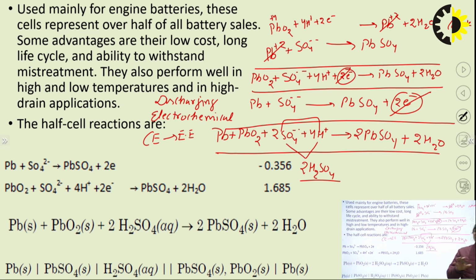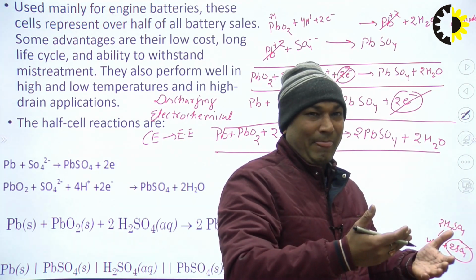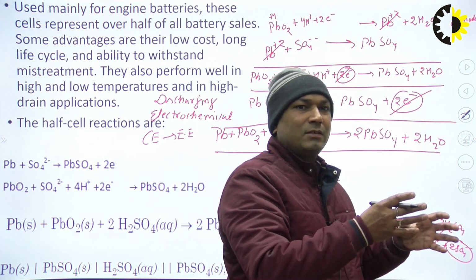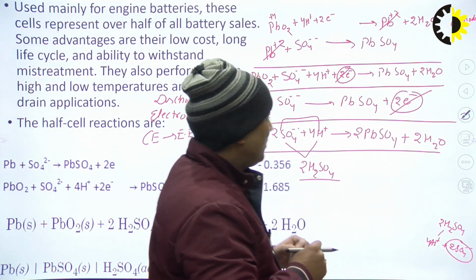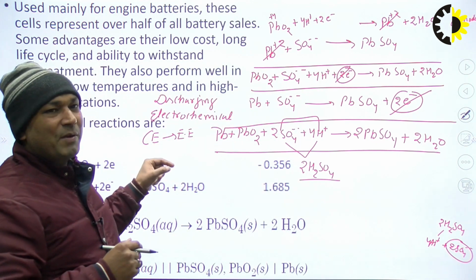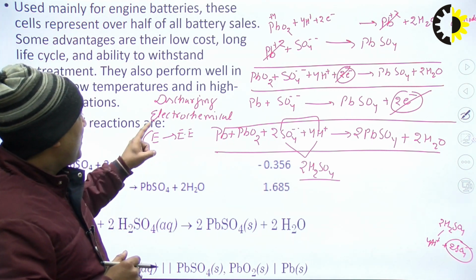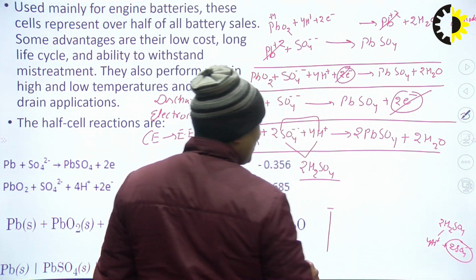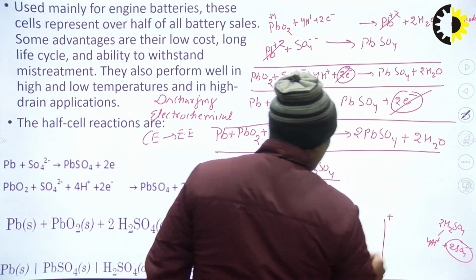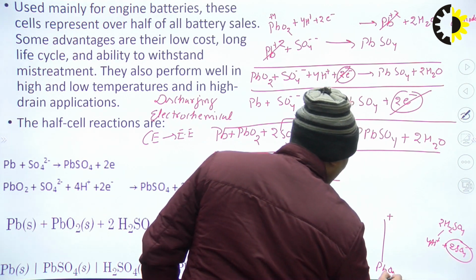Once the battery is discharged, now we want to charge it again. So what will we do? We will charge it by an external source of electric current. Now the battery will behave just like an electrolytic cell. Suppose this is the negative terminal of the battery and this is the positive terminal, meaning this is Pb and this is PbO2.